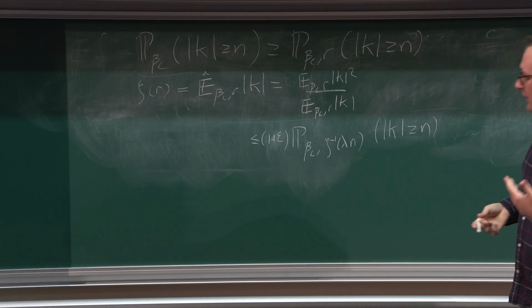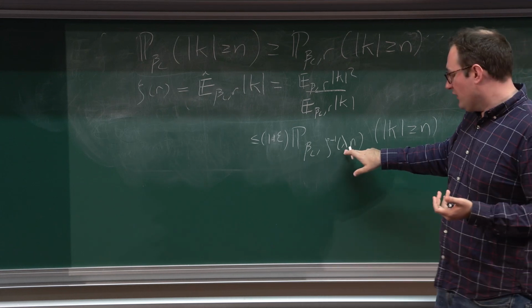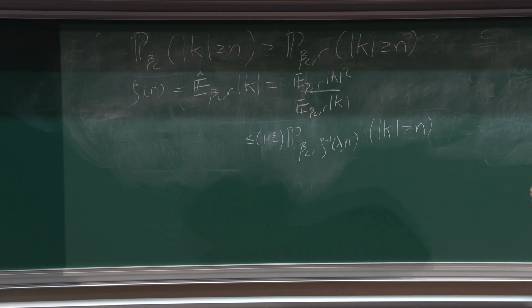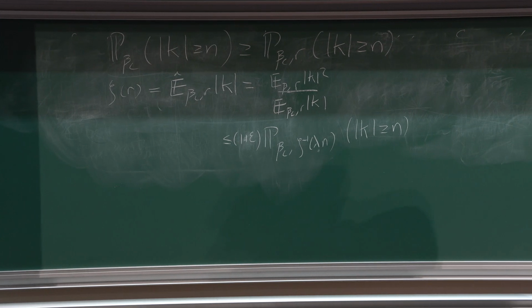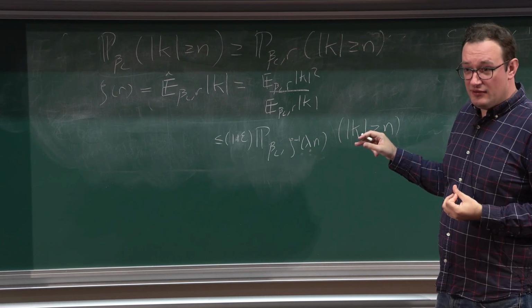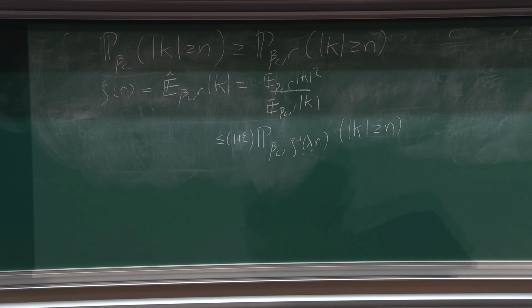Essentially, where I have to pick lambda depending on what epsilon I want. So once I've cut off at this large enough scale, which is roughly governed by this zeta function, then you're not really increasing the probability anymore once you go beyond that.